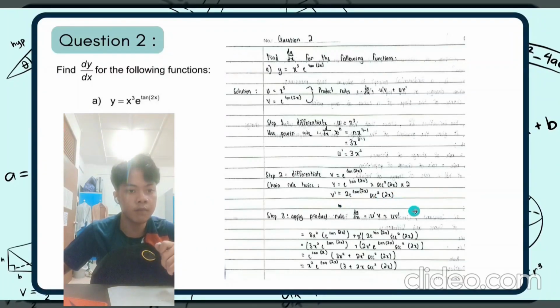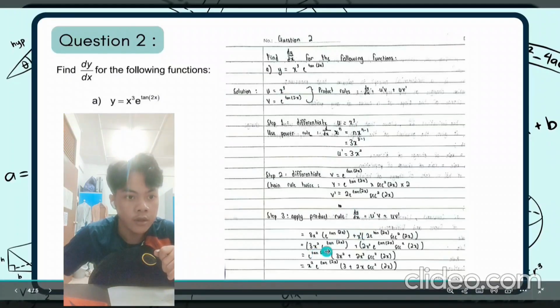Step 3, we need to apply the product rule. This means u prime v plus u v prime. We take all of these values into the formula, and we get 3x squared e power tan 2x plus 2x cubed e power tan 2x sec squared 2x.